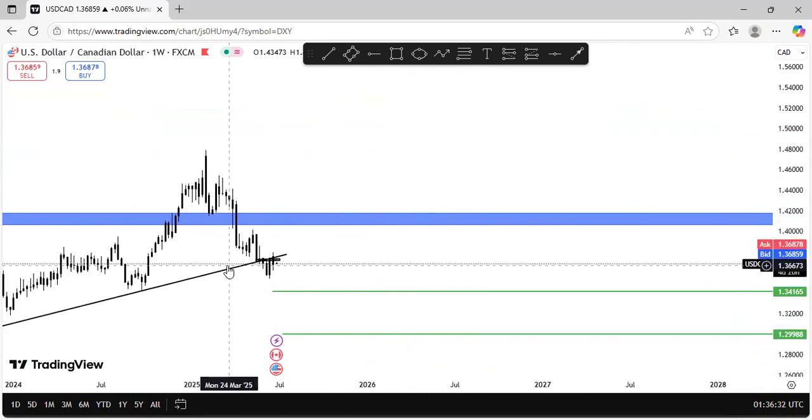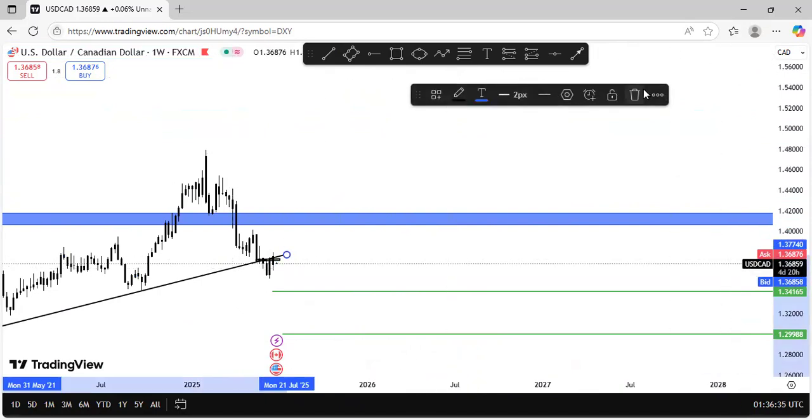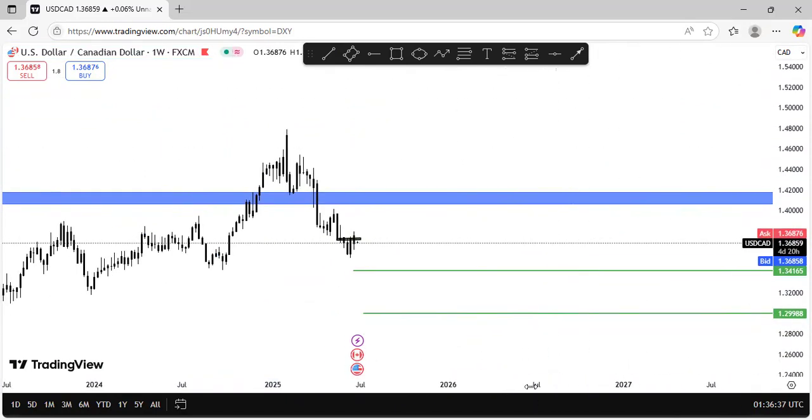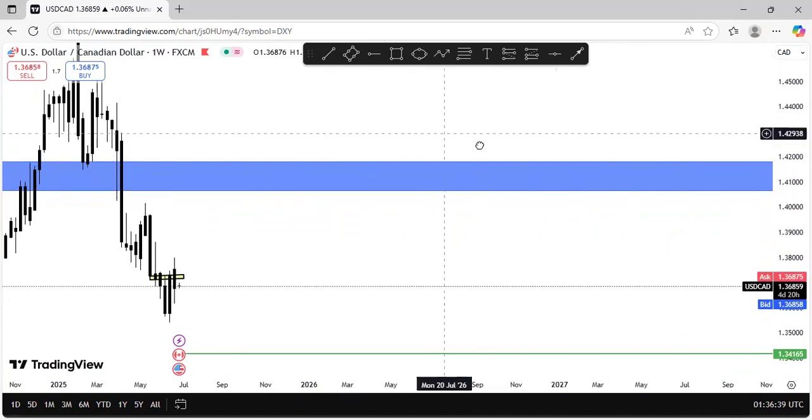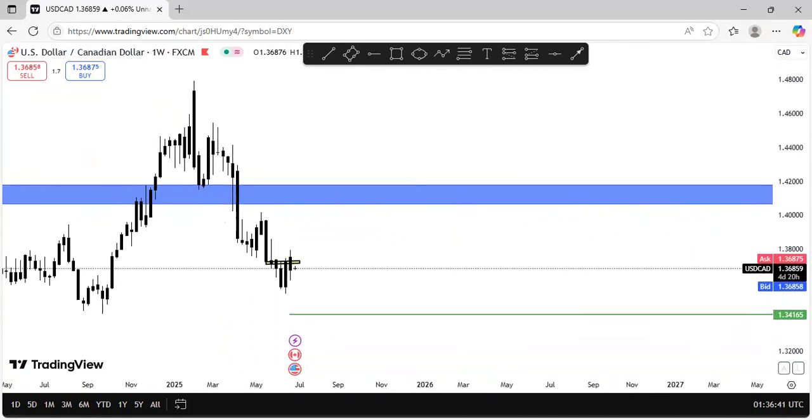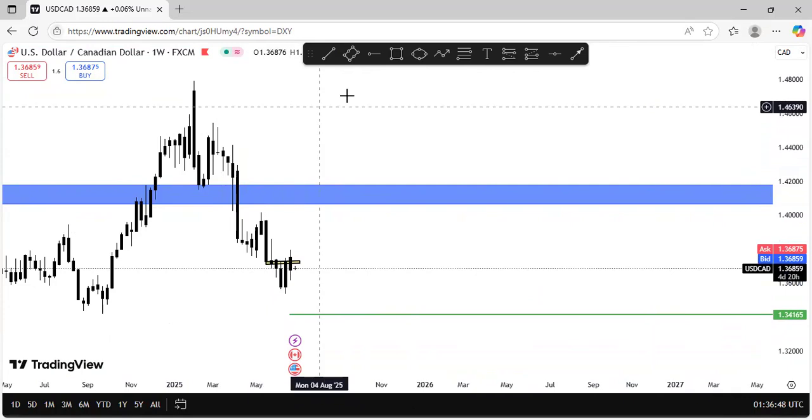Well, let's come back to our weekly. So this is what we're looking at here, our weekly time frame. Sorry about that. We can see the trend.